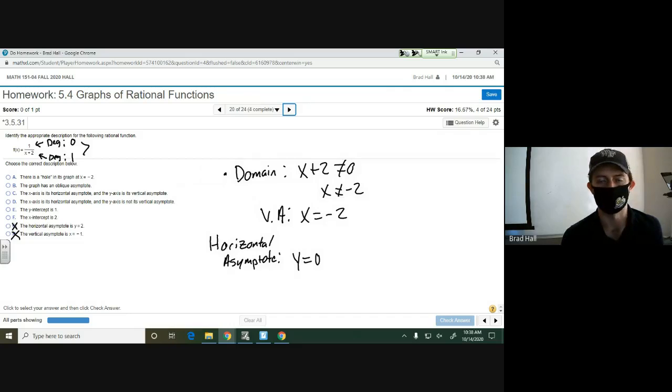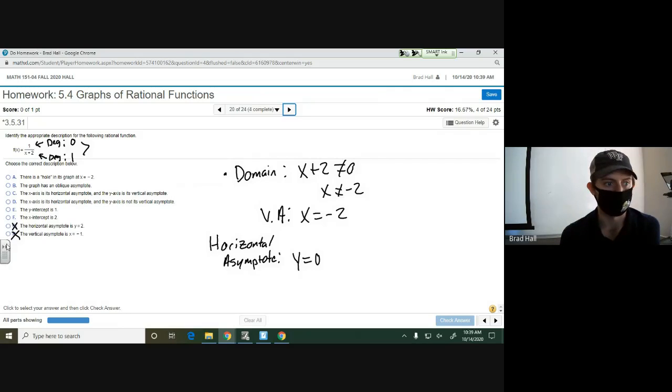However, something to notice, the horizontal asymptote is y is equal to 0, which is a horizontal line on the x-axis. Notice which choice satisfies that, at least initially. The x-axis is its horizontal asymptote. That is correct. And then it goes on to say the y-axis is not the vertical asymptote.